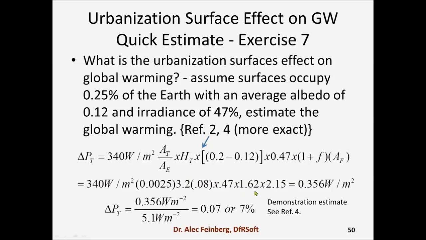Now we multiply that by our 1.62 radiation factor and the feedback number, and that comes out to about 0.356 watts per meter squared. We take that 1 degree rise, which gives us about 5 watts per meter squared, and that ratio comes out to about 7% of global warming would be due to the urbanization surface effect, which again is contrary to the IPCC statement.